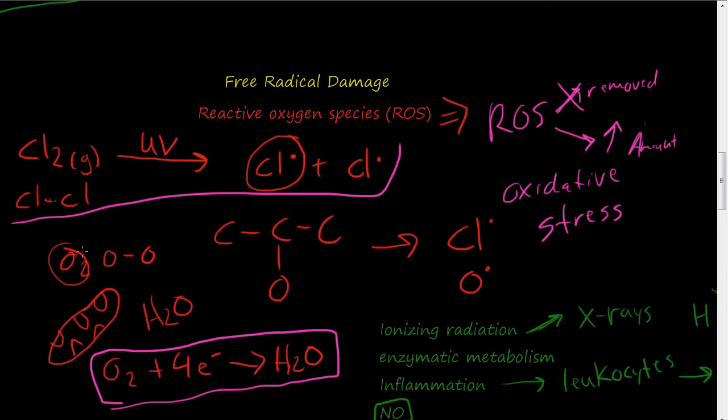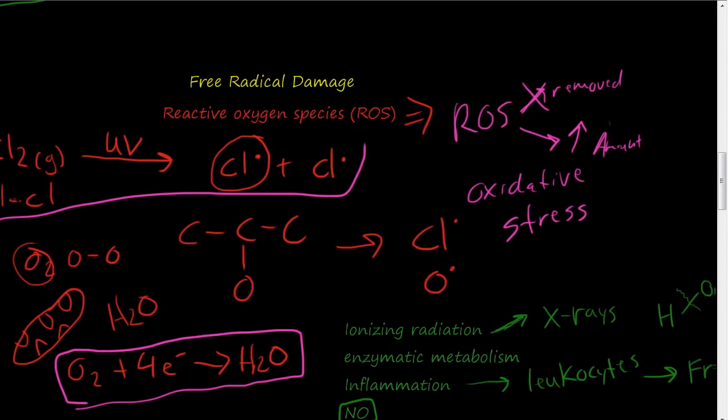And a normal process in cells is mitochondria taking oxygen in our lungs, it getting transferred to mitochondria in all of our cells, and then that is converted by adding 4 electrons to the oxygen to produce H2O, water.